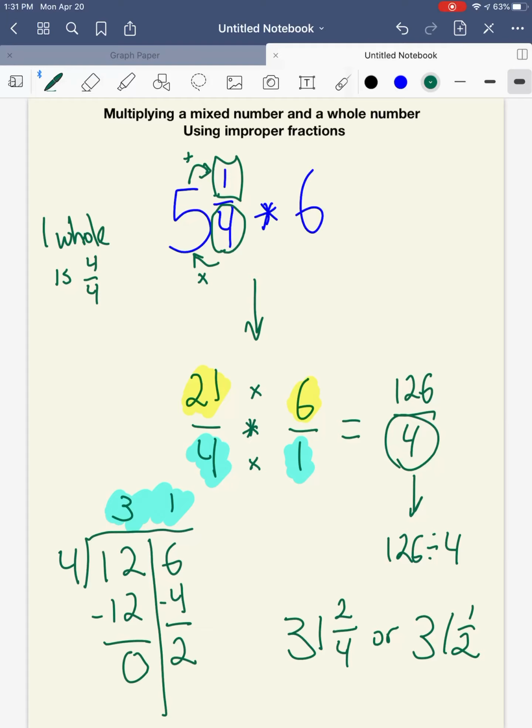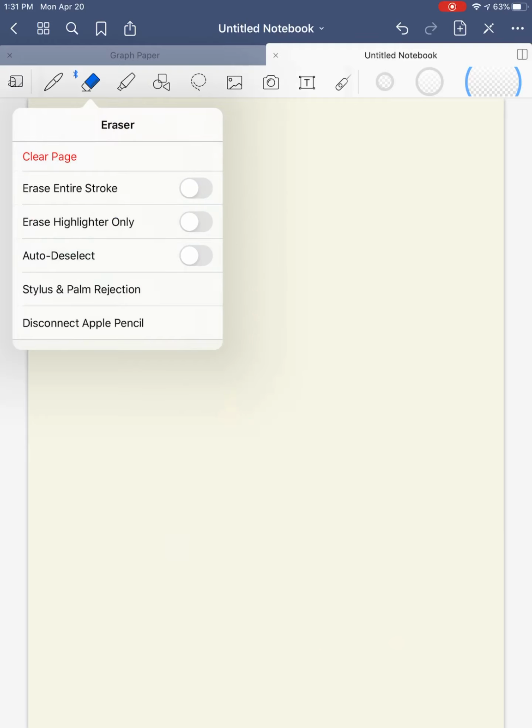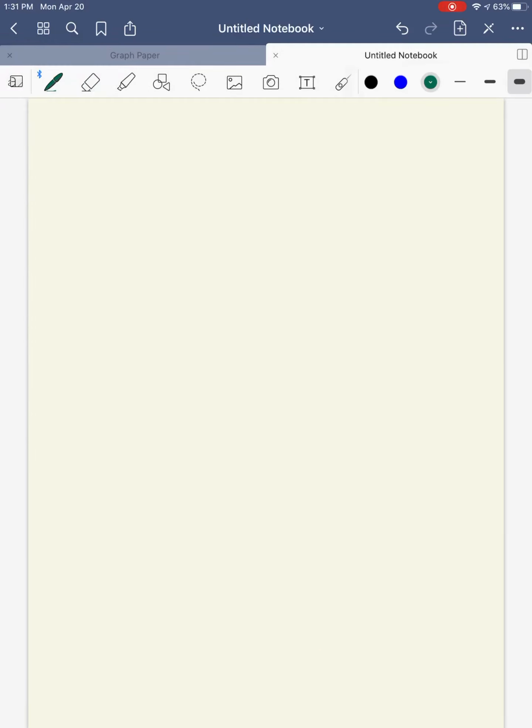Let's do another one. Won't take quite as long this time. So let's do, how about 3 3/5 times 8. Okay, again, first thing we want to do is take that mixed number, this right here, and turn it into an improper fraction.